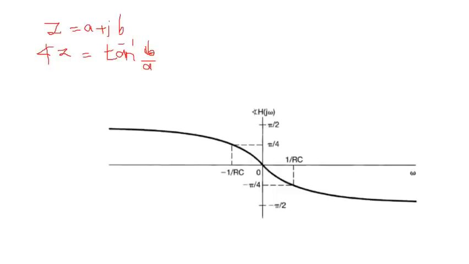For the case of the frequency response, we have h of j omega equals 1 over 1 plus j omega RC. Because now we have a fraction, the phase equals the phase of the numerator minus the phase of the denominator.